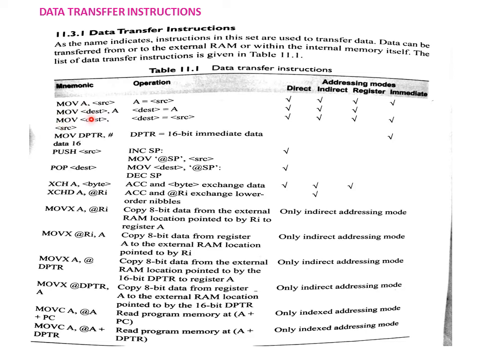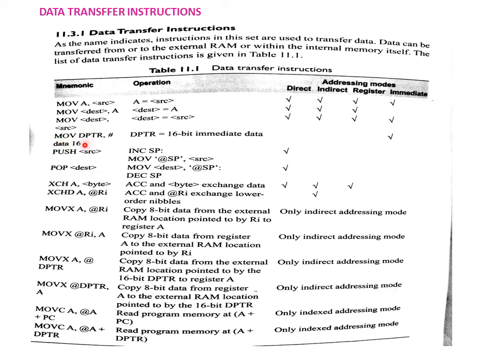Next, MOV destination comma A. The contents of A are moving to the destination register, and on the right side, observe the addressing modes the instruction supports. This instruction may support all. Like that, the addressing modes they are supporting are given. Next, observe MOV destination comma source. This may be register to register, or register to memory, or memory to register.